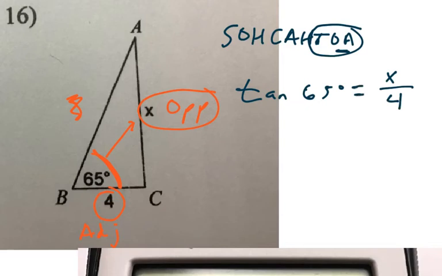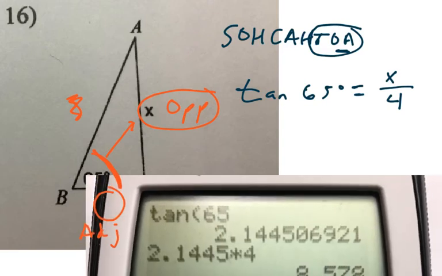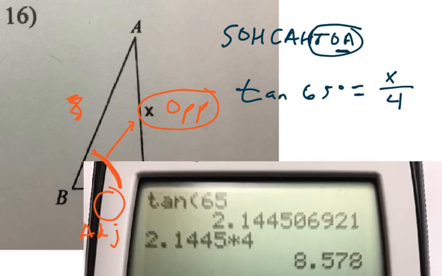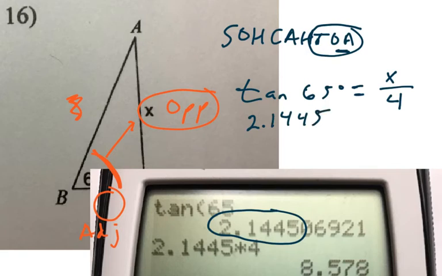Now, let's take our calculator, of course. Put that a little bit higher there. As you can see right here, I know the tangent of 65 is 2.1445. Again, keep at least 4 digits, guys, so you're more accurate in the end.